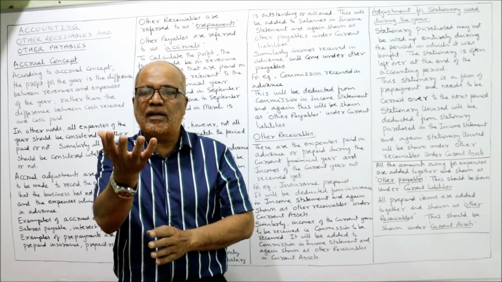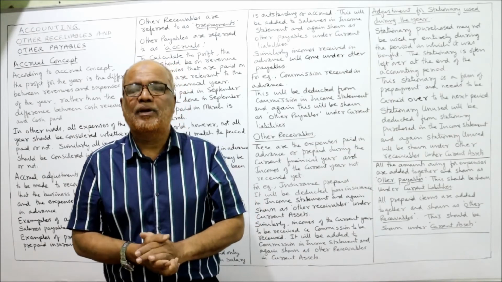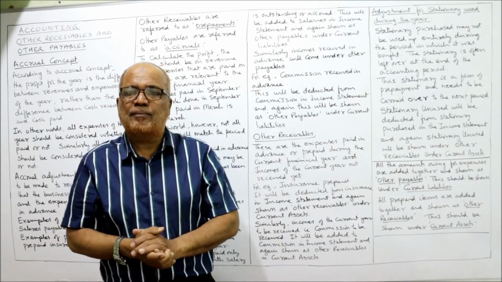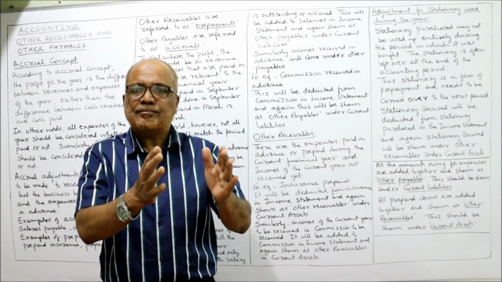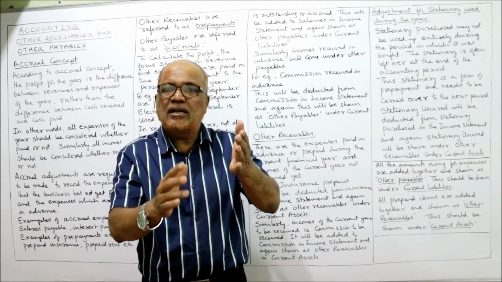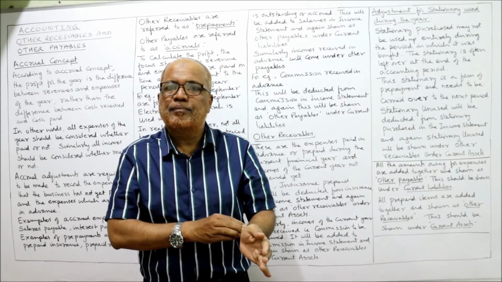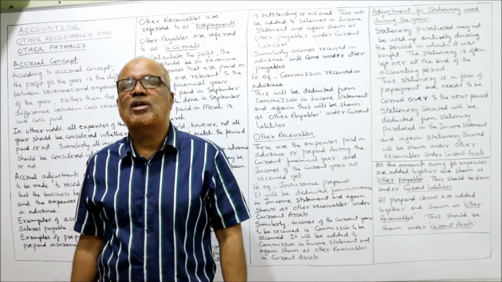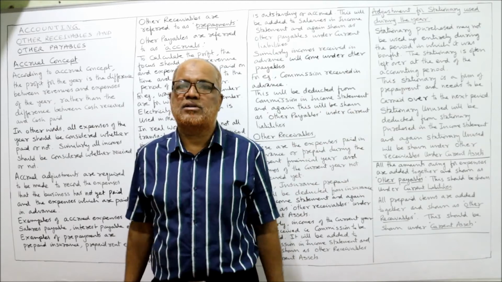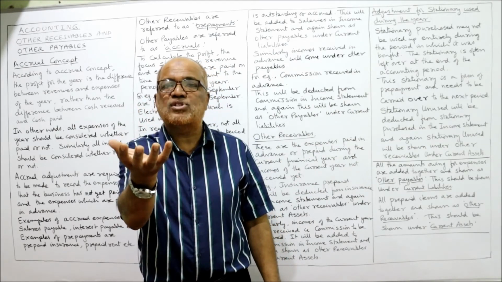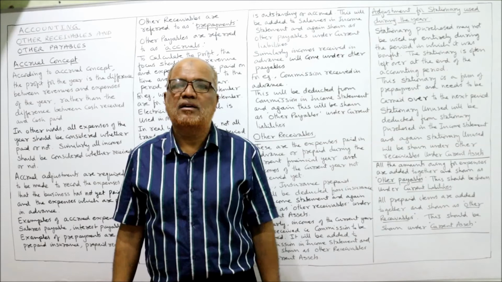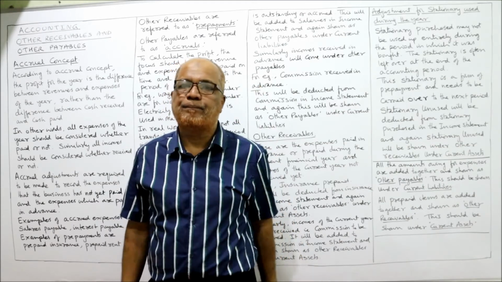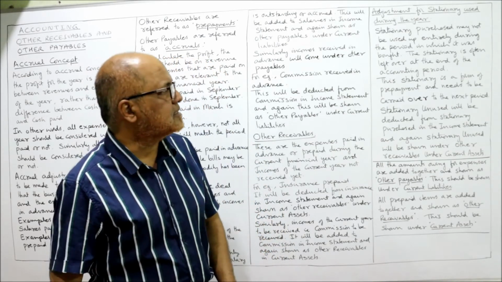So how much is used? 80,000 only. What is the treatment? In the income statement, stationery 1 lakh minus unused stationery, deduct 20,000. Only 80,000 stationery should be shown in the income statement. And the 20,000 stock of stationery should be taken as other receivable under current assets.